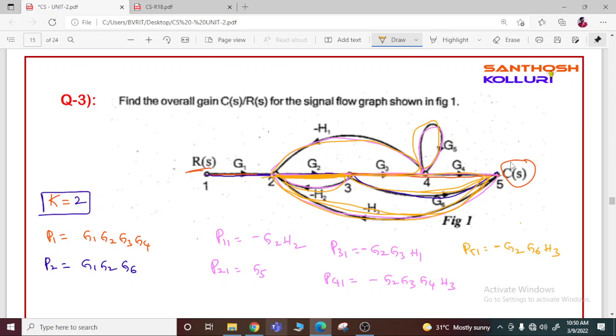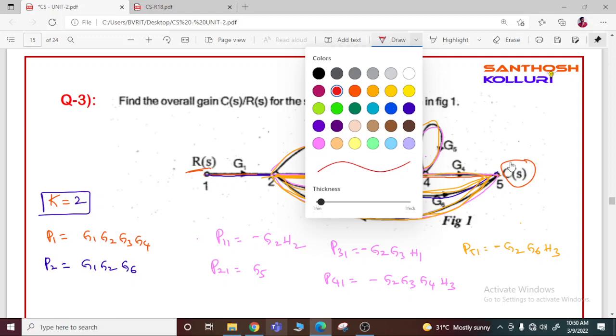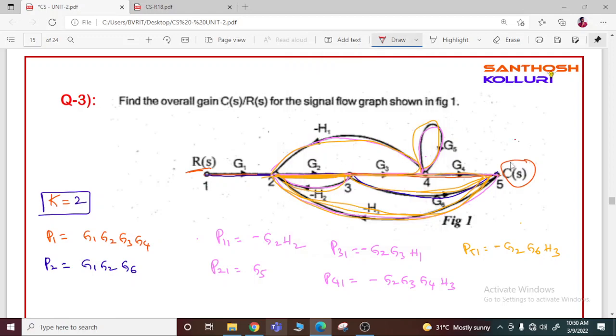And we have to calculate how many individual loops are non-touching with each other. So if I take the first loop, P11, it is non-touching with this one, that's it. So it is touching with all the other loops, and if I take the second loop, it is touching all the other loops.